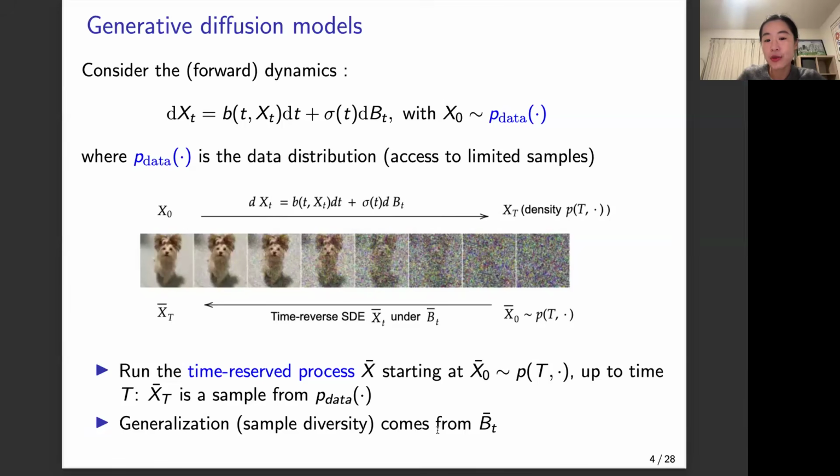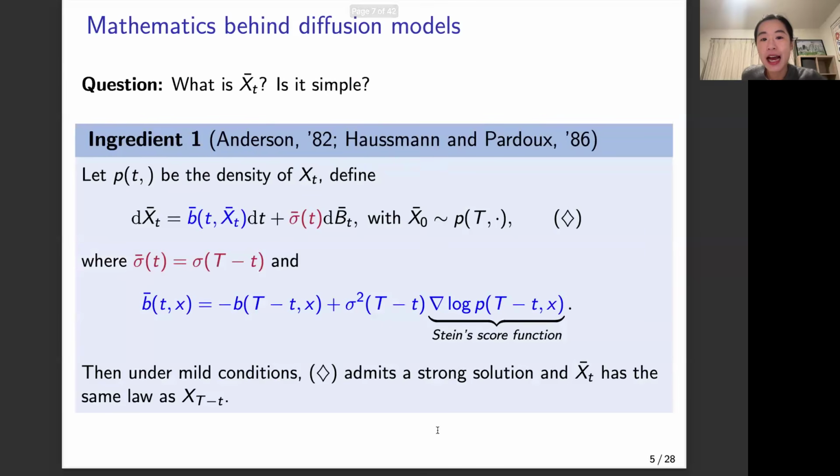So the magic is, what does this time reverse SDE look like? Is it easy to sample? Is it well-defined? Okay, we actually have the answer from the stochastic analysis literature in the 90s.